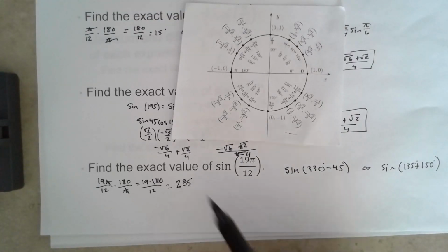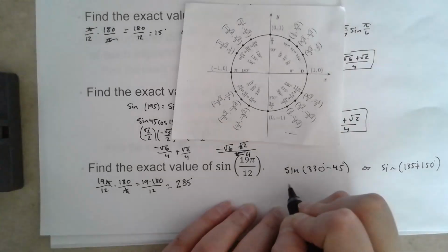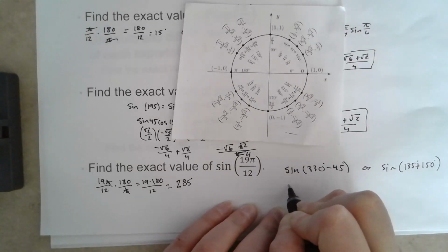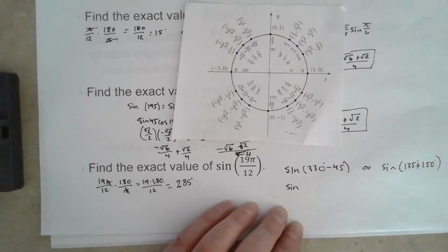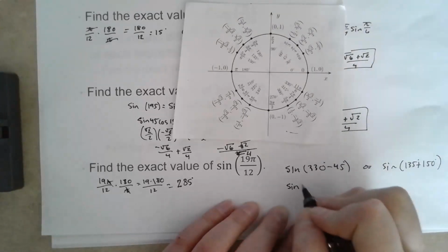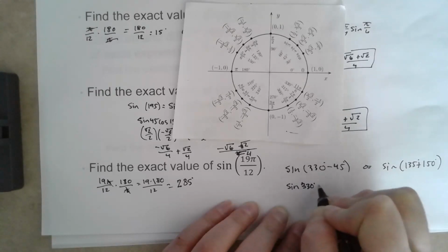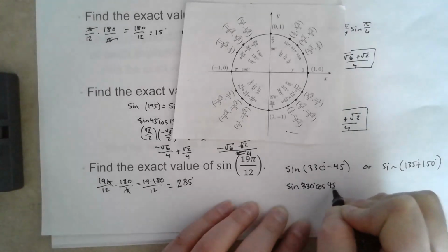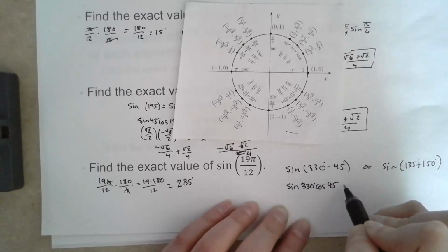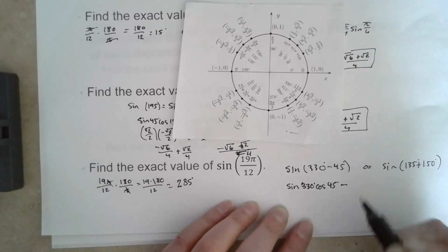Okay, so looking at this, let's see, make sure I'm looking at my identity. So sine of alpha, so sine of 330 cosine 45. If this is minus in my formula, it is also minus.